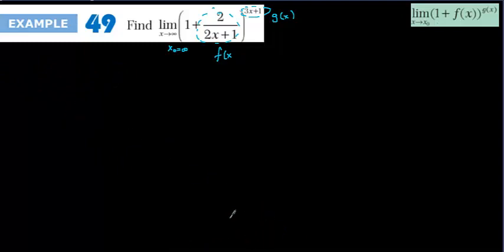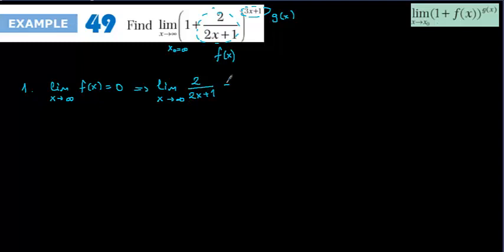Okay, now we're starting with the first condition. Limit x tends to x0, which is infinity here, f(x) is equal to 0. We are going to check this case. Let's see, limit x tends to infinity, here the f(x) I said is equal to 2 over 2x plus 1.